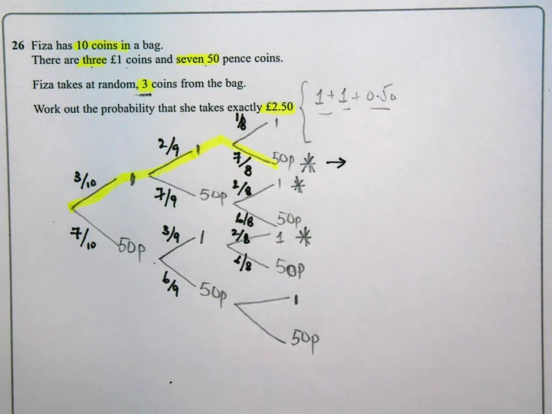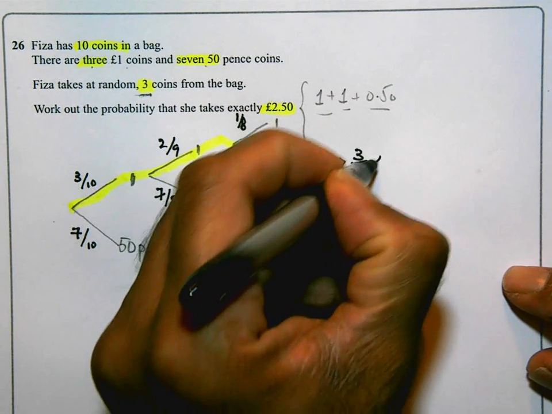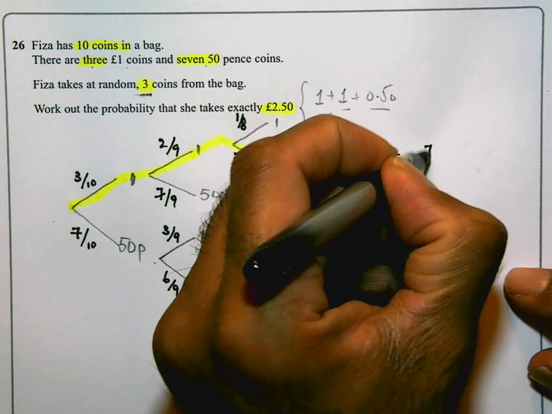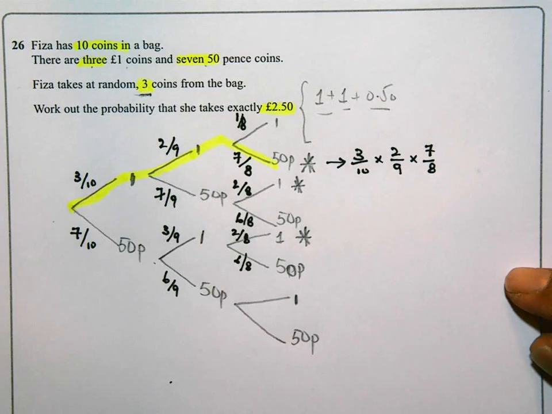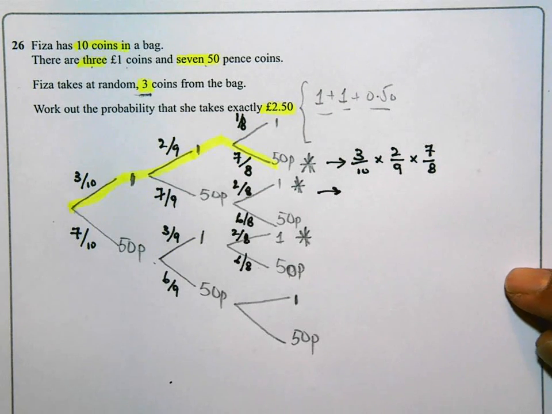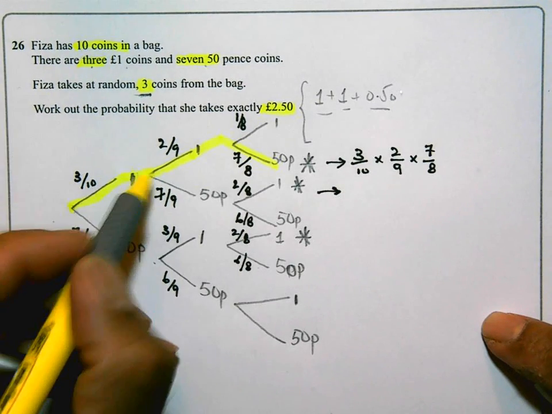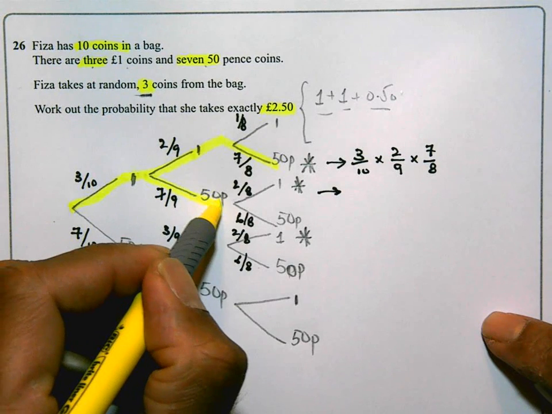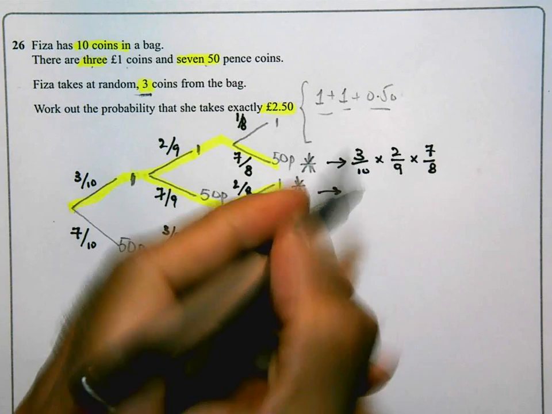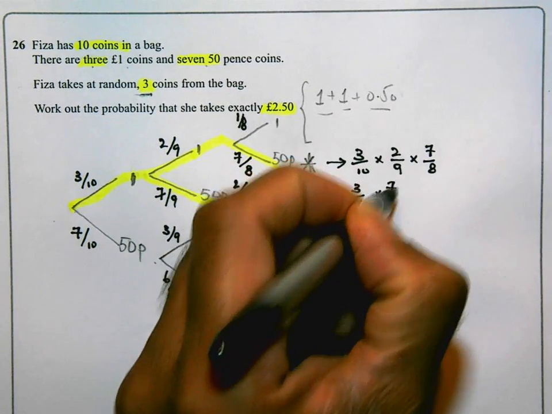Then the second path is going to be 3 over 10 times 7 over 9 times 2 over 8.